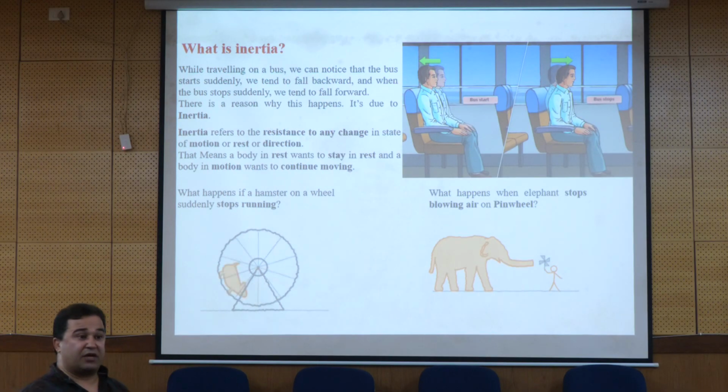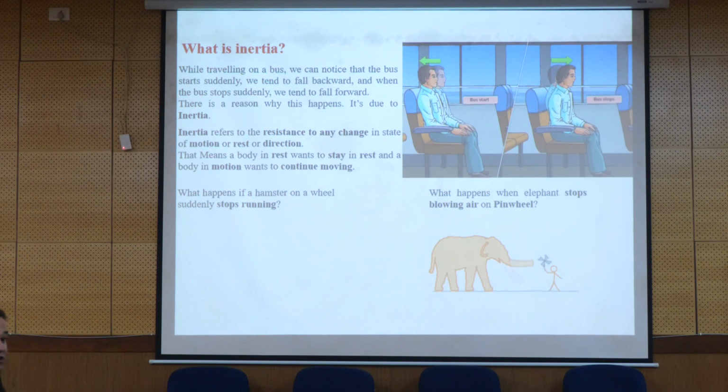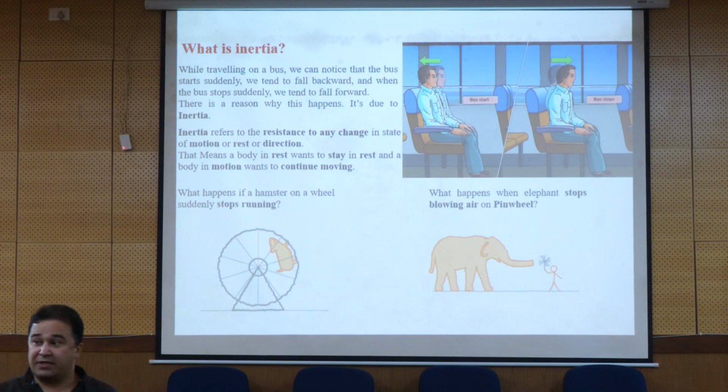Any changes can be, when we are in motion, it likes to go forward, and if we are stopped, it doesn't like to go forward or change. So the inertia has this characteristic. Assuming that if we look at this one, what happens if the hamster suddenly stops?